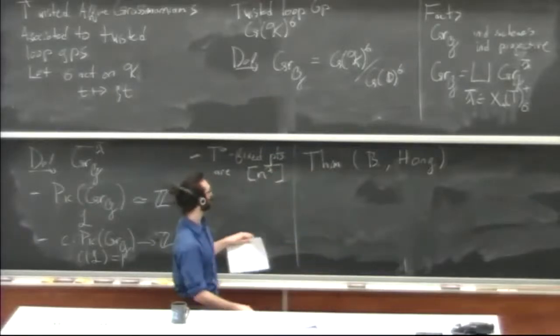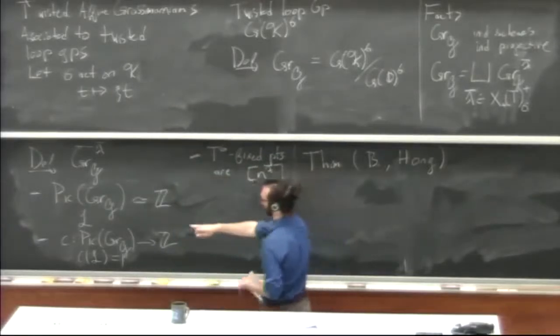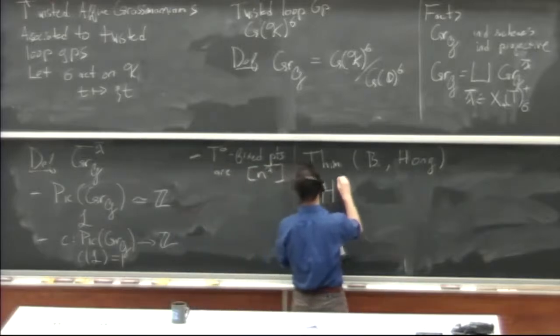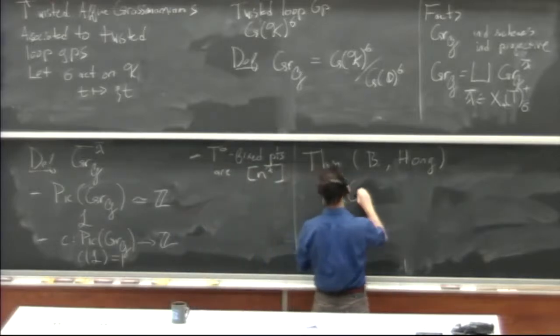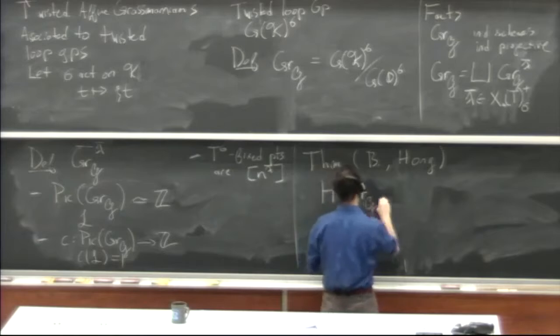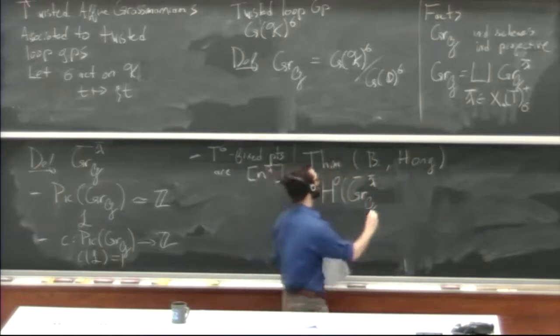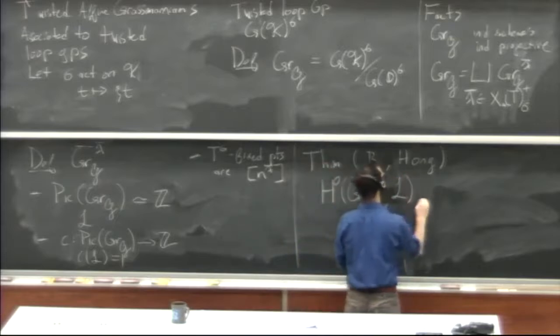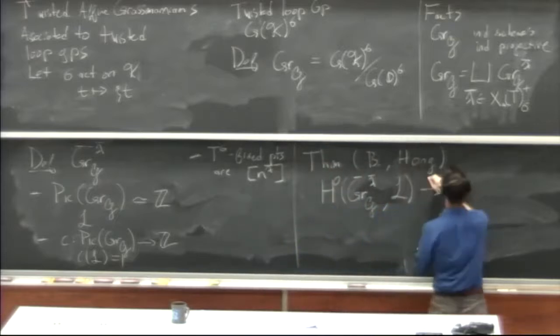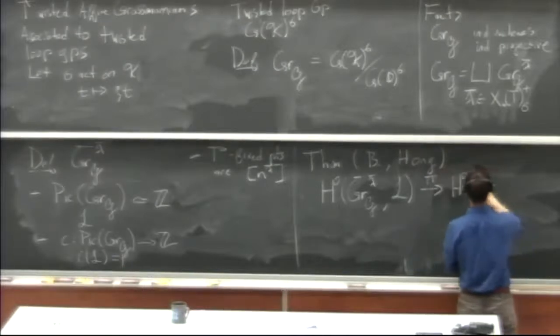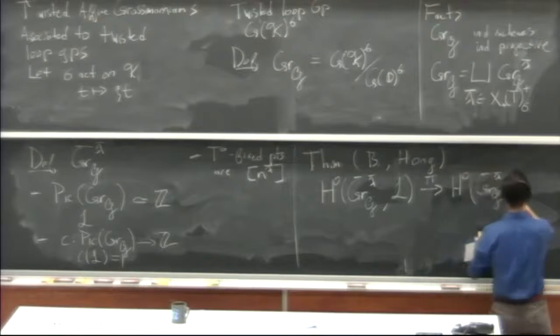Once again, for the ample generator L, we can consider a restriction homomorphism pi from global sections on the twisted affine Schubert variety of L to global sections of the restriction.